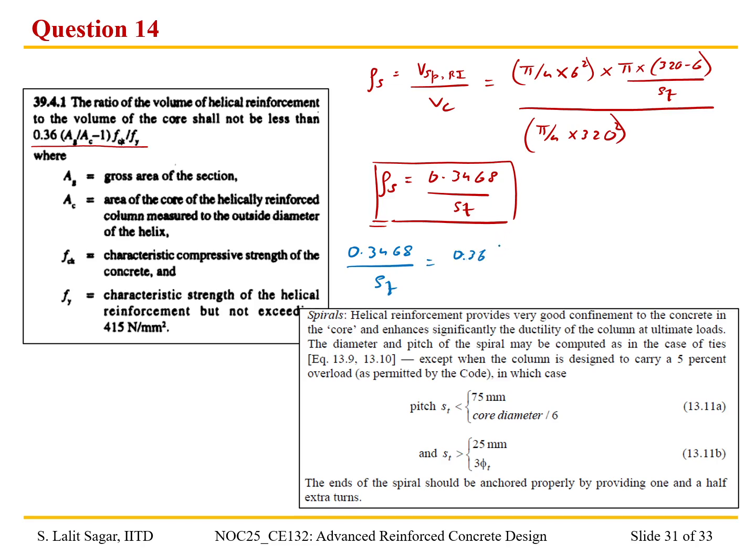Ag is pi by 4 into 400 square, and Ac is pi by 4 of 320 square, minus 1, multiplied by 25 by 415.